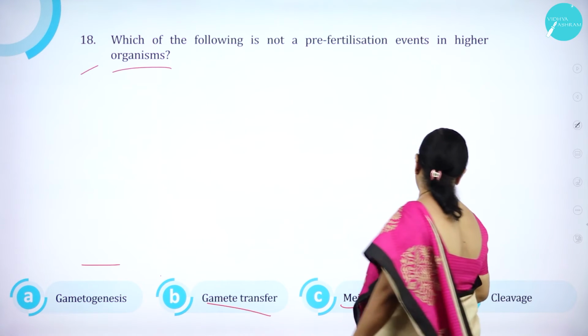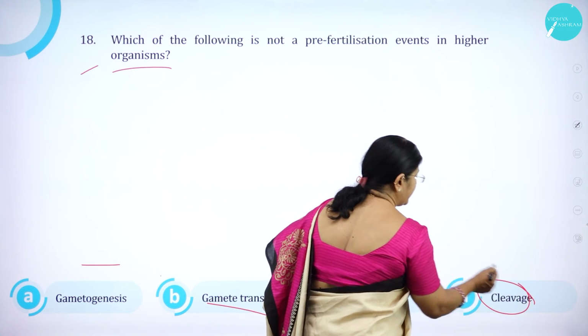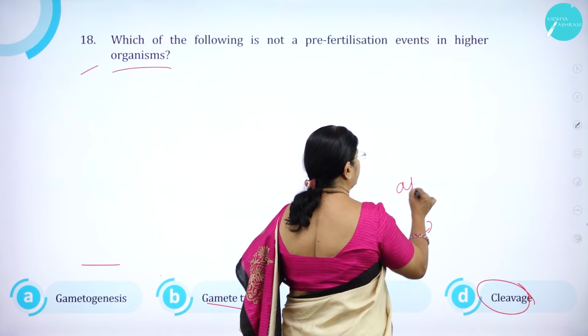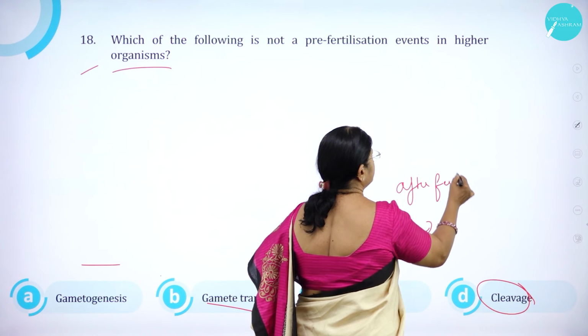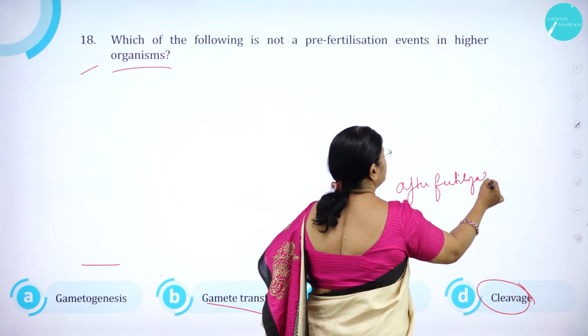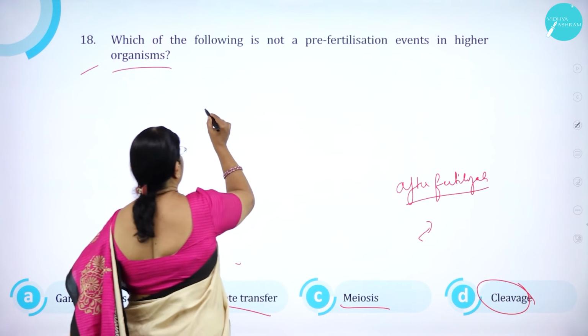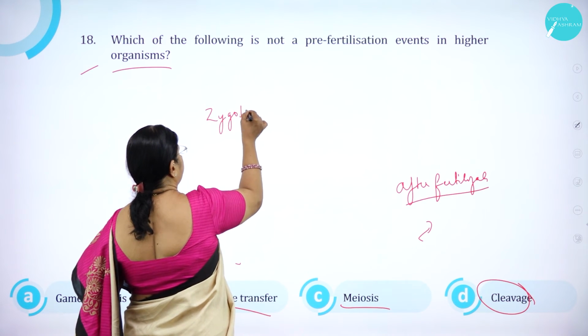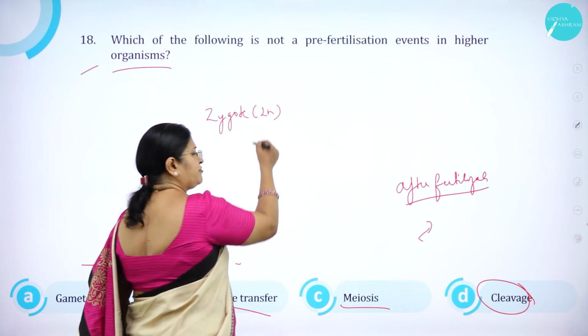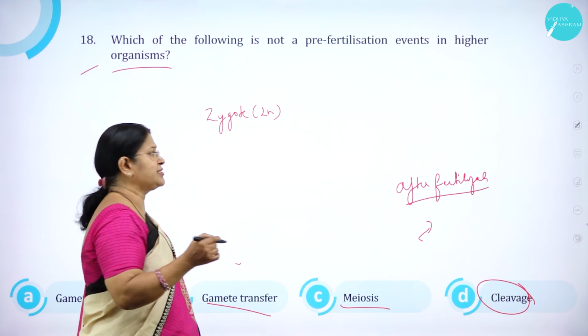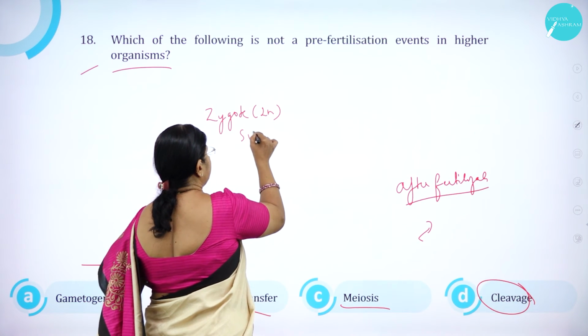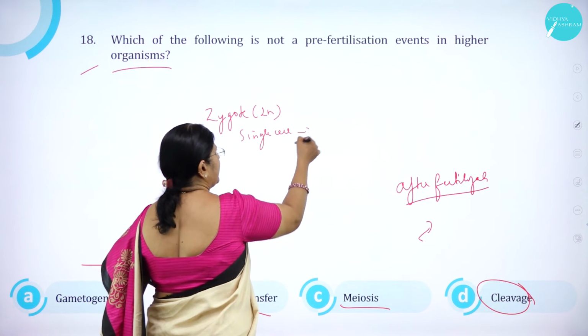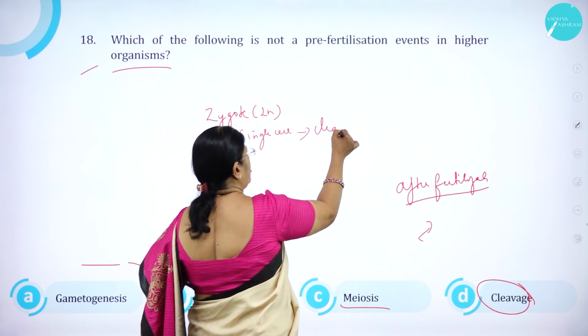Then cleavage. Cleavage is an event which takes place after fertilization. What is cleavage? The zygote which is formed after the fusion of the male gamete with the female gamete is a diploid cell but single cell, which will undergo mitotic division called what?